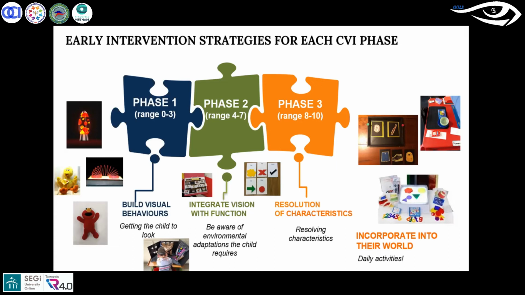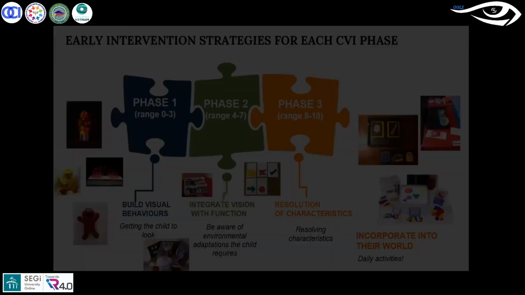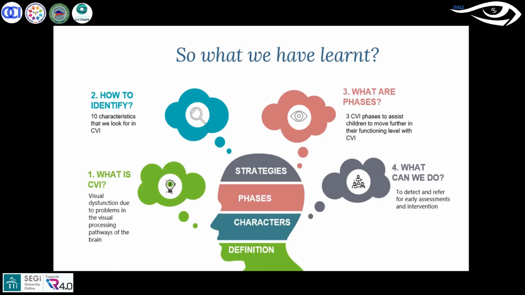I think that's what we have learned tonight, and that's going to be the last slide. What we have learned today is the definition of CVI. We must understand that CVI is not a reduction of visual acuity, but rather a visual dysfunction due to problems in the visual processing pathways of the brain. Then, how do we identify CVI?